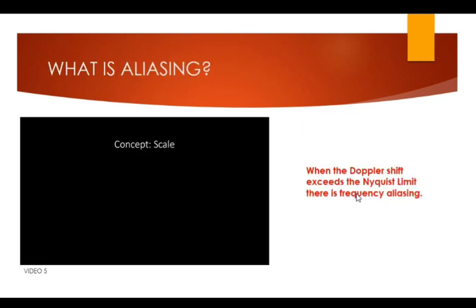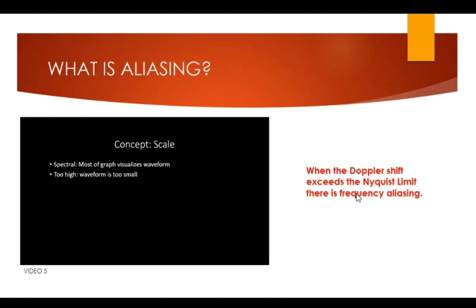Okay, a second concept to understand is the scale setting, which has to do with the sampling rate, but think of the scale for Doppler as the range of velocities that are shown. So for spectral Doppler, the scale is the y-axis, and we want it set up so that most of the graph visualizes the waveform.